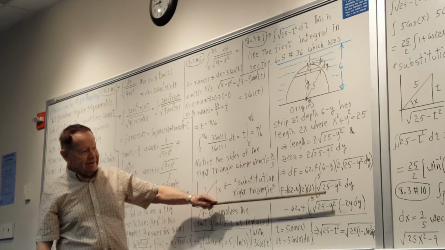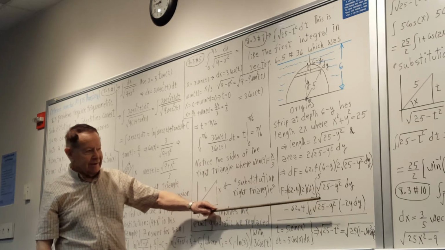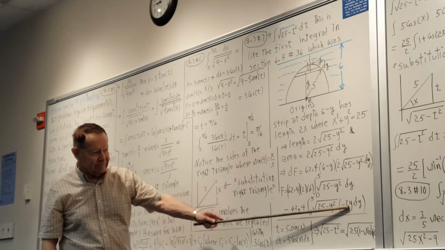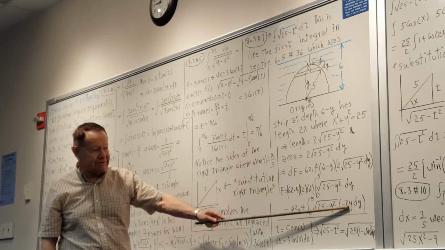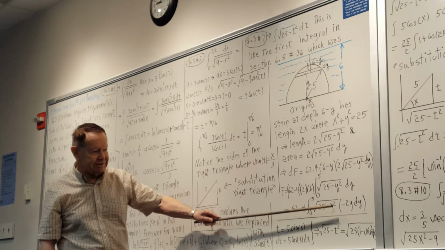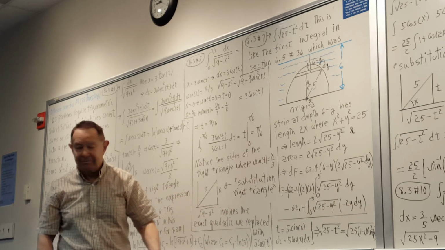So that gives you these two integrals to do. And this one we could do, this was a u substitution. If u is 25 minus y squared, the du is the minus 2y dy.